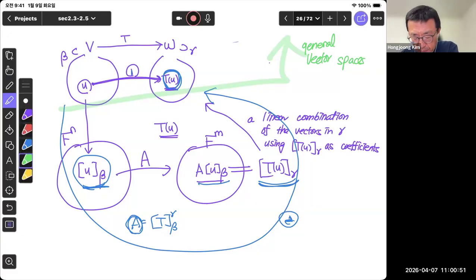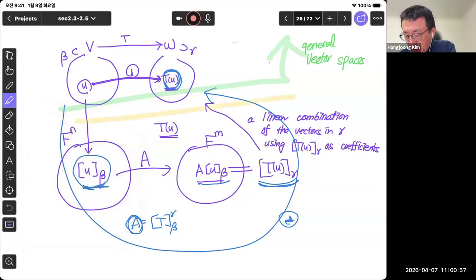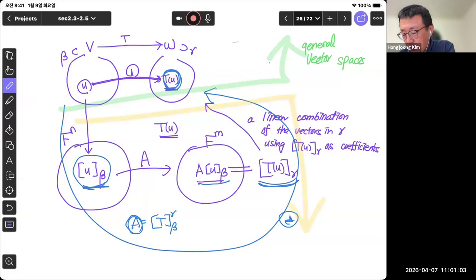On the other hand, at the bottom here, you are considering the calculations.